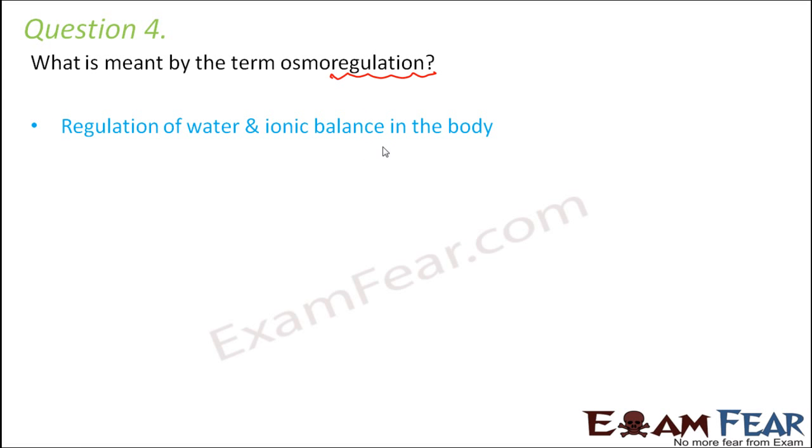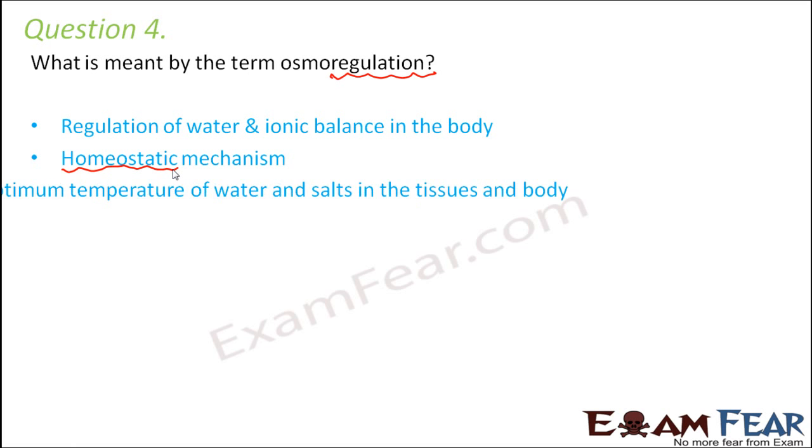So that is, neither excess of water should be present in the body nor too many ions should be present. So the water and the ions should be present exactly at the right amount. So this is a homeostatic mechanism. Homeostasis would mean a condition where everything is in the desired amount, everything is in the stable state. That is called homeostasis.